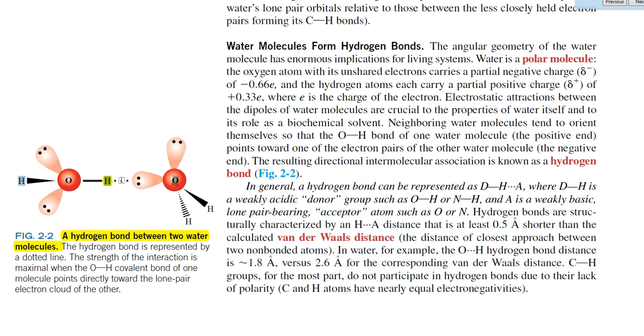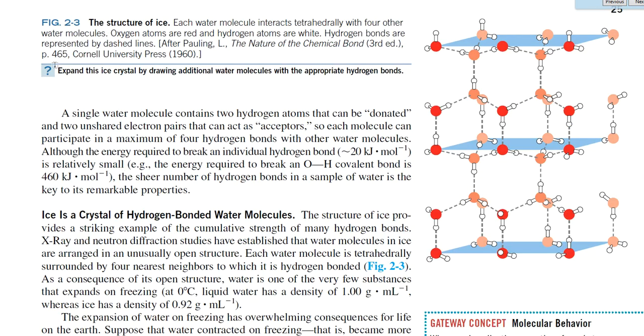Here the OH of one points directly towards the lone pair of the other, then the interaction is maximum. Next, coming to the structure of ice, each water molecule interacts tetrahedrally with four other water molecules.